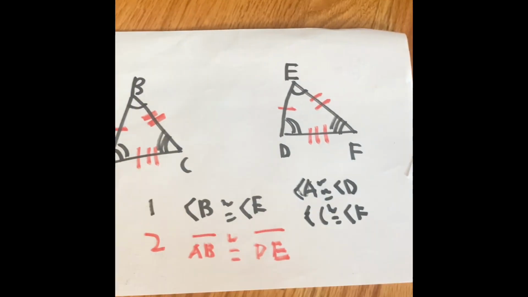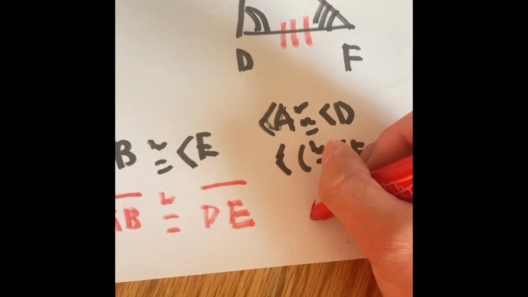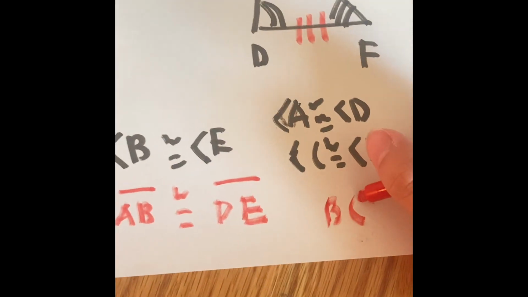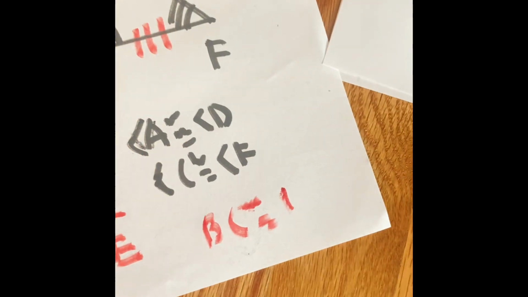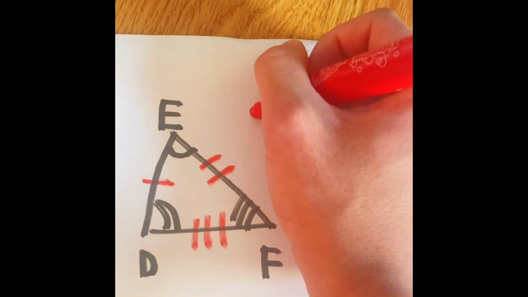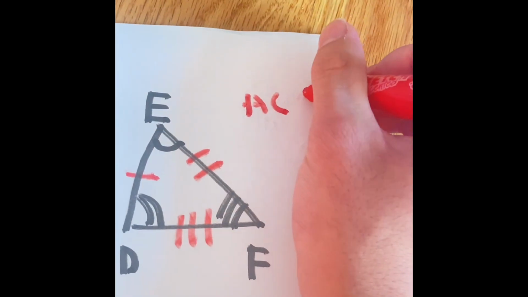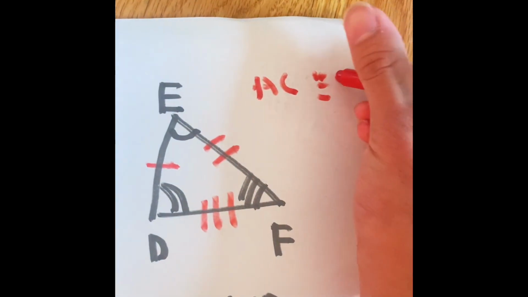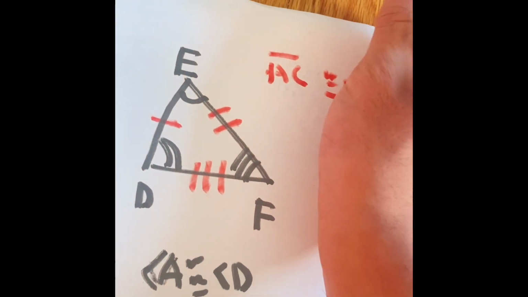For the segments, we can say that BC is going to be congruent with EF. And we can also say, I'm going to put it up here, that AC is going to be congruent with DF as a segment.